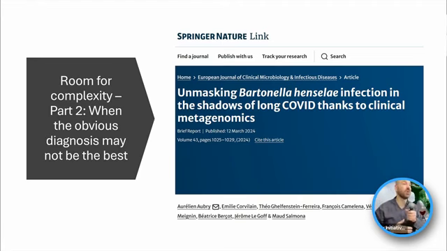The doctor was like, well, of course, long COVID, and made the long COVID diagnosis. Attempted to manage long COVID symptoms, and the patient just wasn't doing any better. This physician chose to then test the patient for evidence of chronic Bartonella infection and saw that, yes, in fact, this person's Bartonella titers were through the roof, treated with a combination antibiotic for Bartonella infection, and patient's symptoms fully resolved.